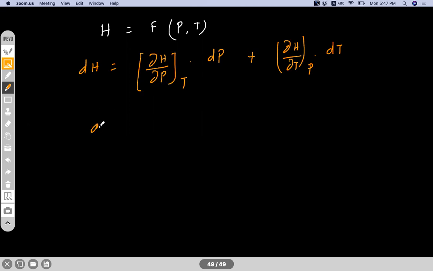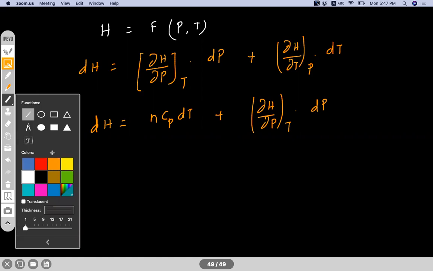And for n number of moles, dH is equal to n Cp dT plus ∂H/∂P at constant temperature dP. Right? This is also true and valid for all the processes.